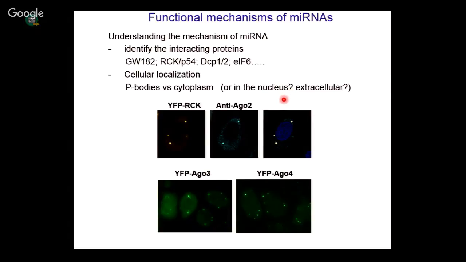Although we know the major mechanism of microRNA is to block translation, so it should happen in the cytoplasm, we cannot rule out that it can also translocate into the nucleus.